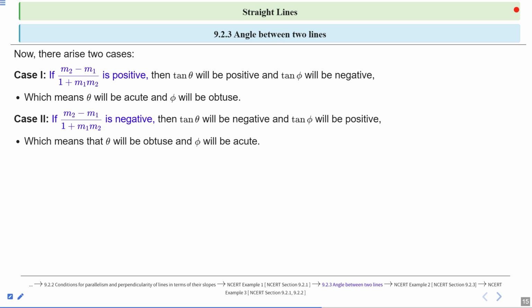Note this point. So what does it mean? It means that theta will be obtuse and phi will be acute.